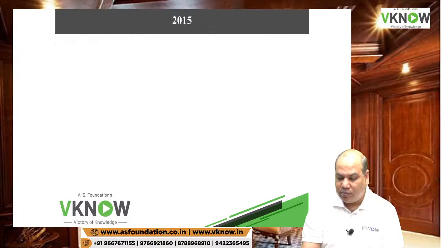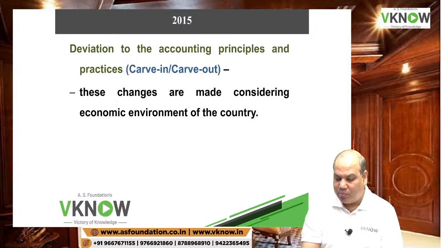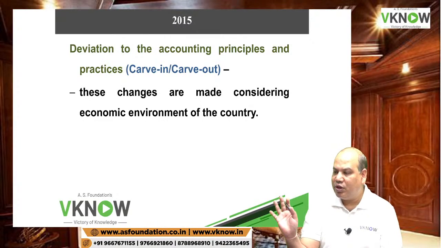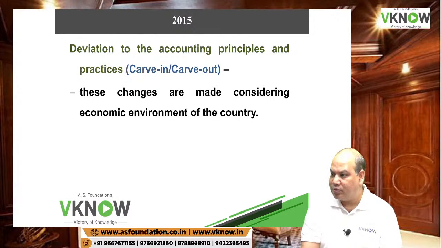So these are some minor changes, and now some major changes which are called carve in and carve out. First was change in terminology. Change in terminology is not carve in, carve out. Second was elimination of few options. Those are also not carve in and carve out. They are minor changes.